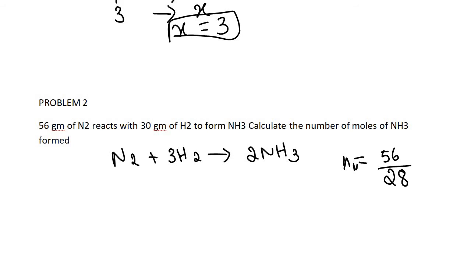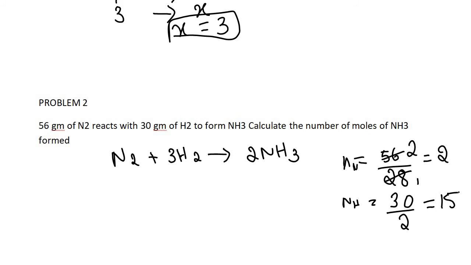For 1 nitrogen the mass is 14, for 2 nitrogen it is 28. 28 ones are 28, 28 twos are 56. So the number of moles of nitrogen is 2. The number of moles of hydrogen is 30 grams divided by 2, since for 1 hydrogen the mass is 1 and for 2 hydrogen it is 2. So the number of moles of hydrogen is 15.